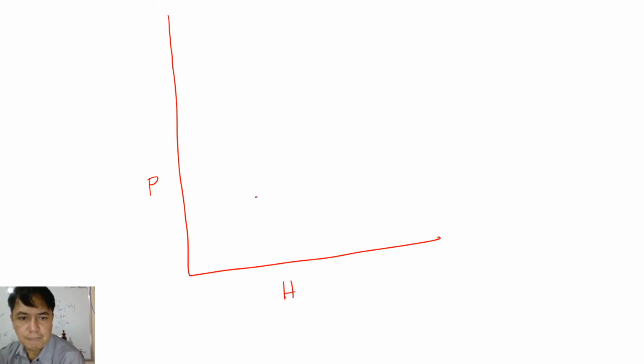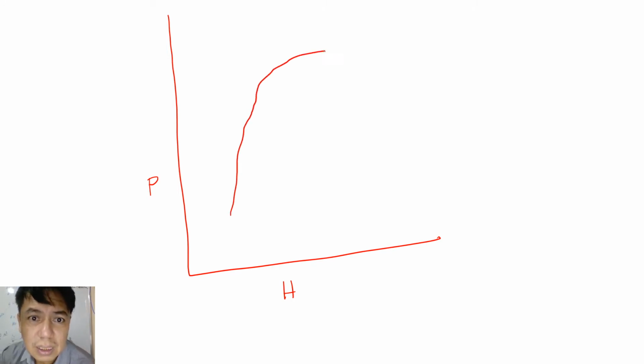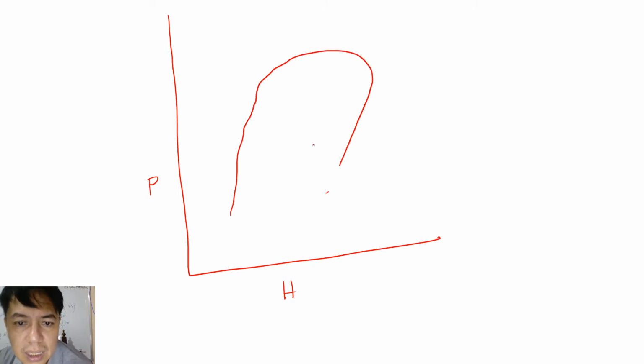The form is like this. So when you see a diagram like this, a dome, it's called the pH diagram. And by the way, P stands for pressure and H is for enthalpy.